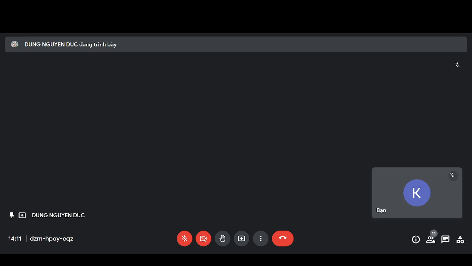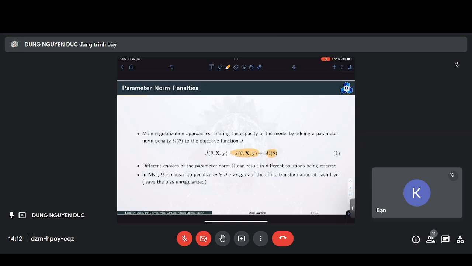Here we have a hyperparameter alpha. That alpha will control the weight of the regularization term. Suppose alpha is small or maybe zero, then you only minimize the main loss function.